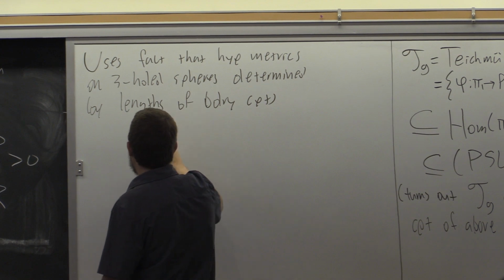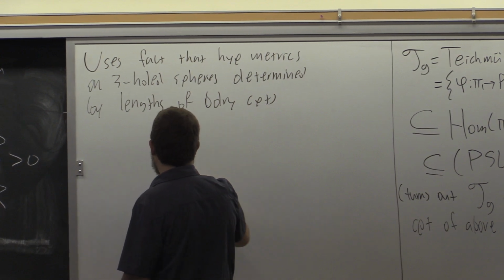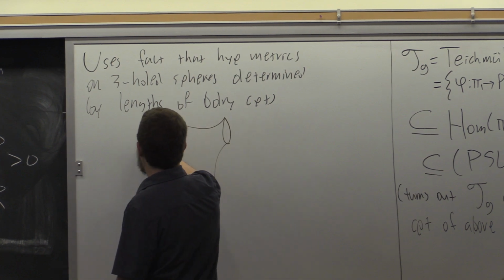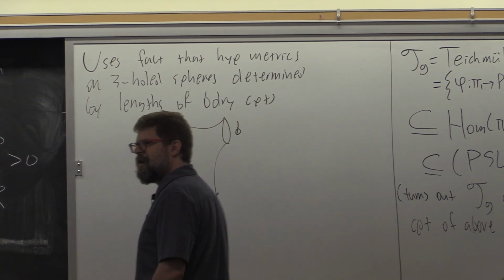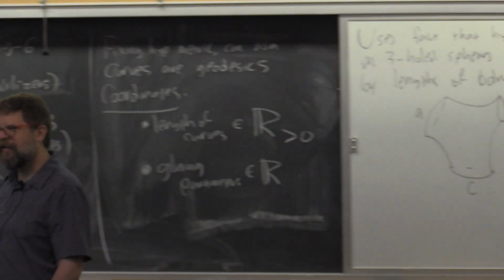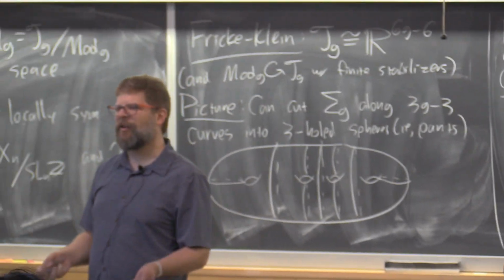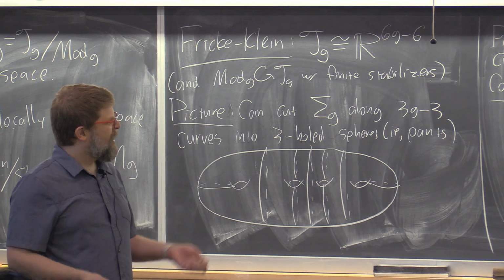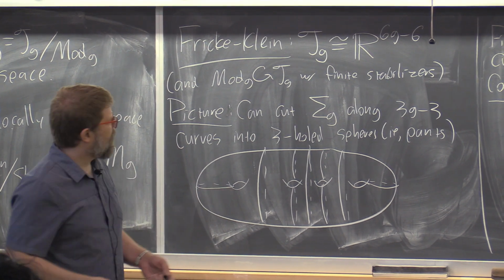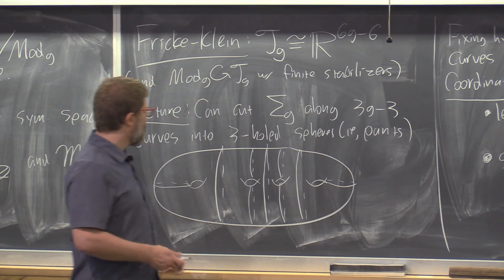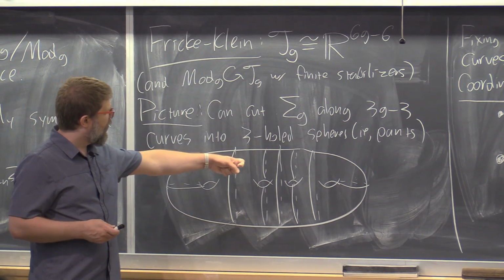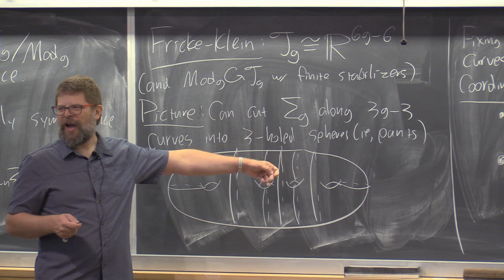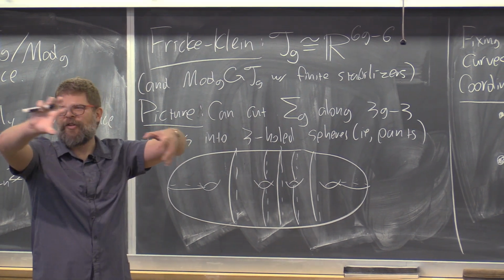So you have a 3-holed sphere like that. You need to know lengths A, B, and C, and once you know those lengths, that determines the hyperbolic metric on the inside of the pair of pants. That's a little bit of basic hyperbolic trigonometry, and any 3 numbers can occur. So if you know the lengths of each of these curves, you now know the hyperbolic metric on the interior of each of these complementary pairs of pants. That almost pins it down precisely, but then you have to choose how they're glued together.